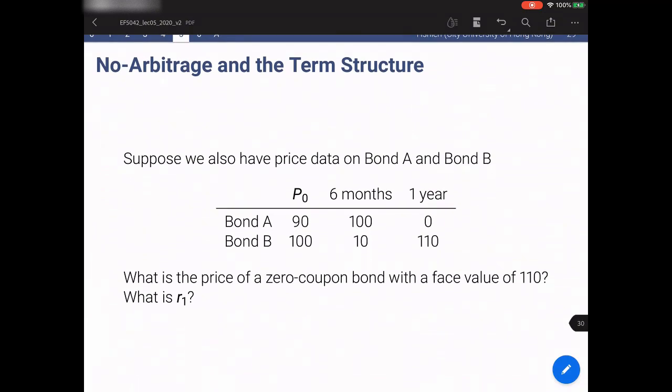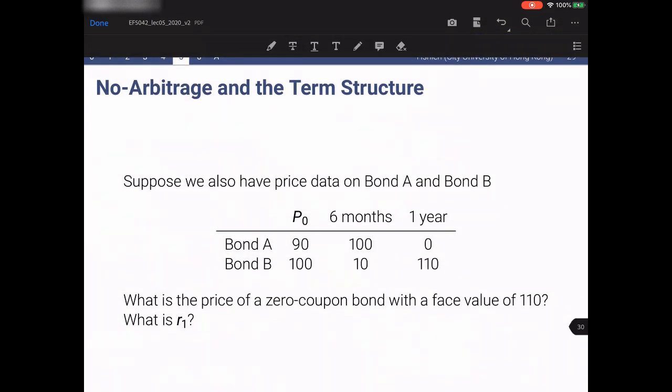So in the next slide, we introduce additional information. We assume that bond A has a price of $90 and bond B has a price of $100. Given the same portfolio, we're going to sell 1/10 of bond A and buy 1 of bond B. And so we can get a price of this zero coupon bond portfolio.